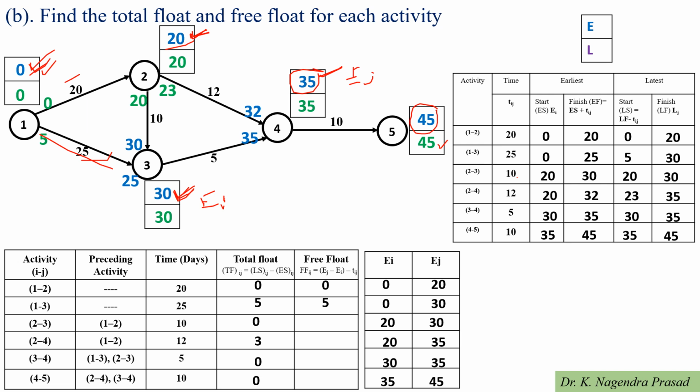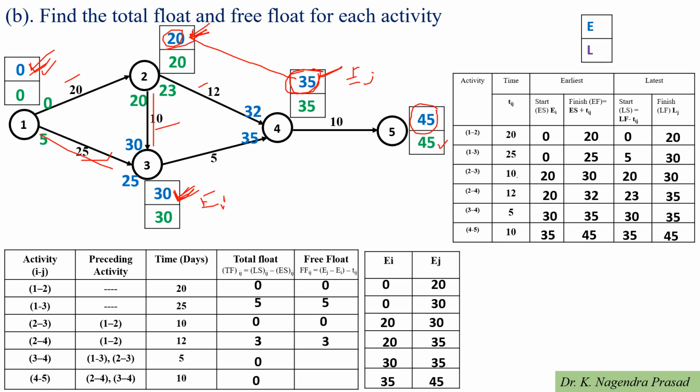And next one is activity 2 to 3. For activity 2 to 3, 30 minus 20 minus 10, which is equal to 0. Next, activity 2 to 4. For activity 2 to 4, free float will become 35 minus 20 minus 12, which is equal to 3.